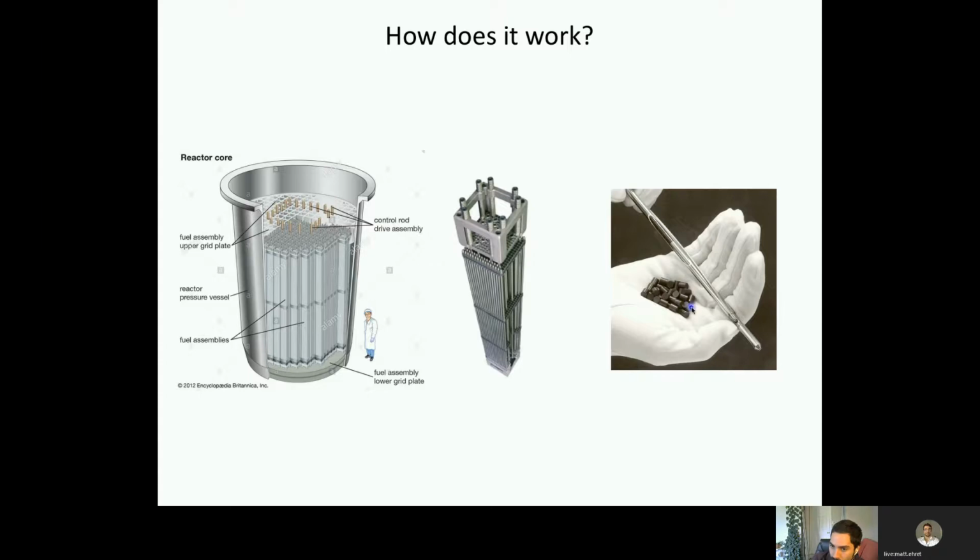So this is uranium. In this picture, it's in the form of ceramic. So it's uranium oxide, which is what is usually used. And this is the way almost all of the reactors around the world work. Reactors in Canada are a little bit different, but I'm not going to go into the details of that in this presentation. But it's also just water and tubes.